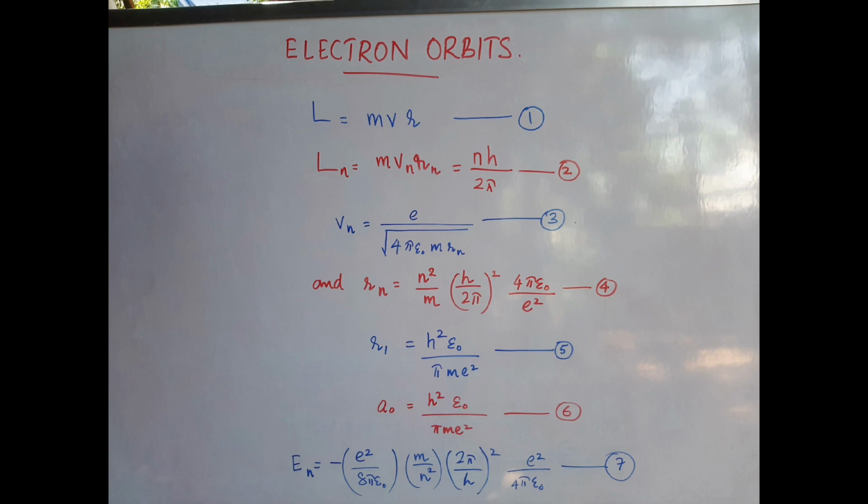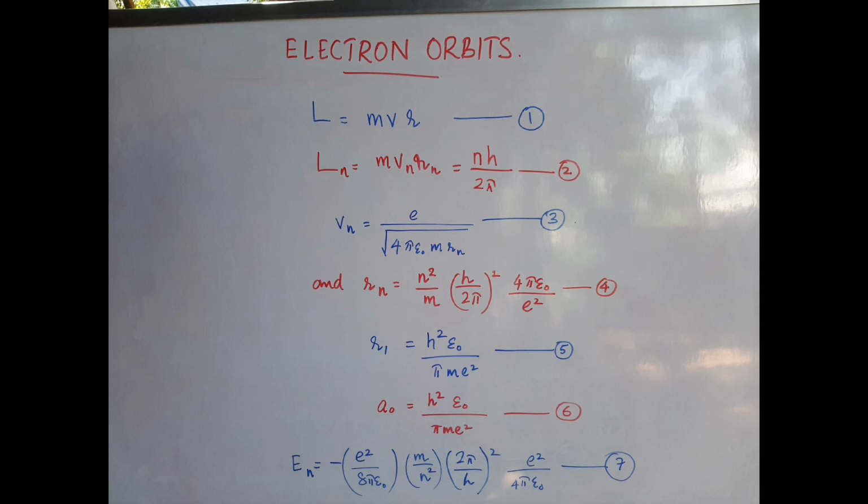The angular momentum L is given by L = mvr. Bohr's second postulate of quantization says that the allowed values of the angular momentum are integral multiples of h/2π. Ln = m vn rn = nh/2π, where n is an integer, rn is the radius of the nth possible orbit, and vn is the speed of the moving electron in the nth orbit.